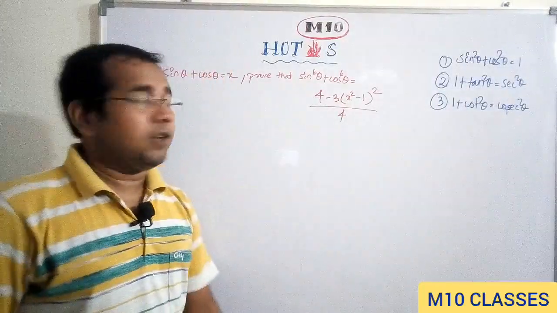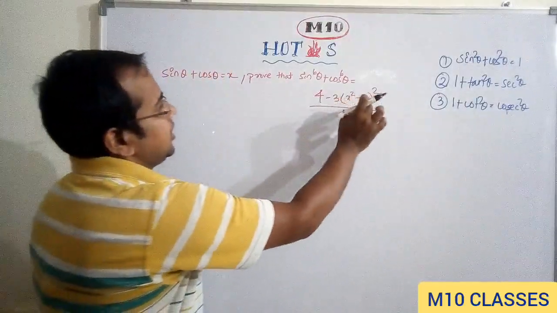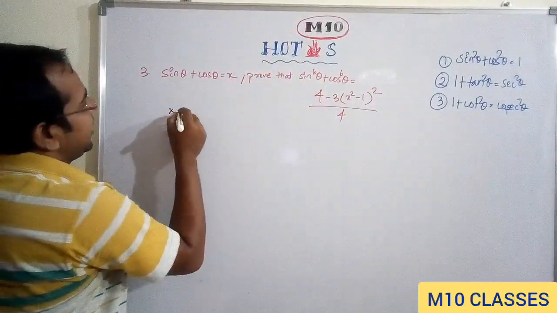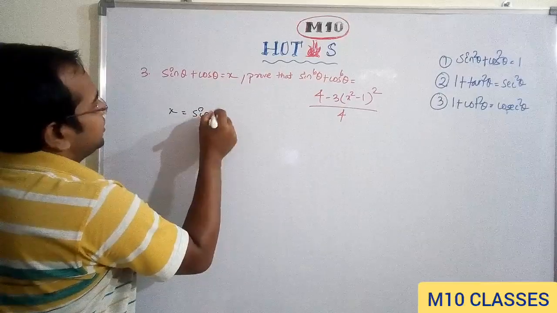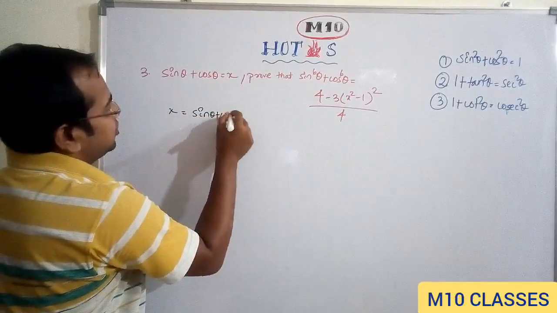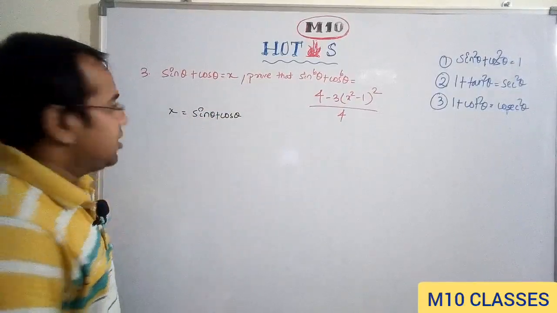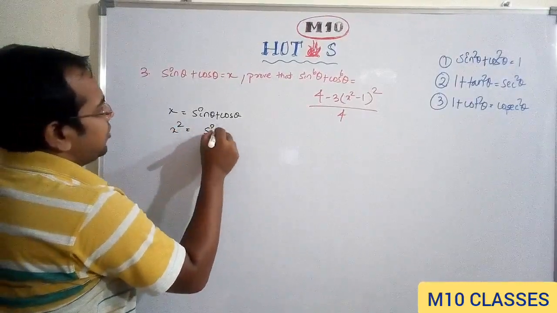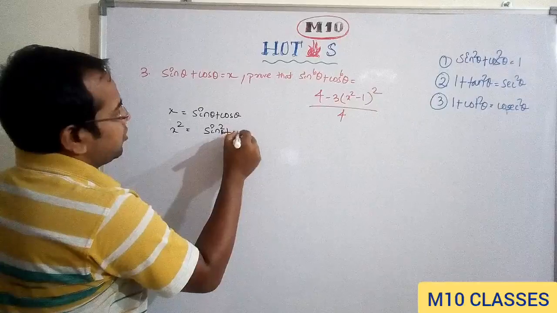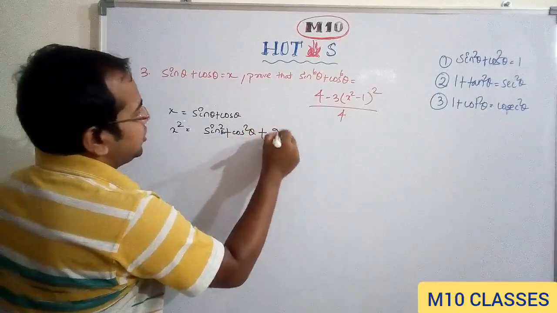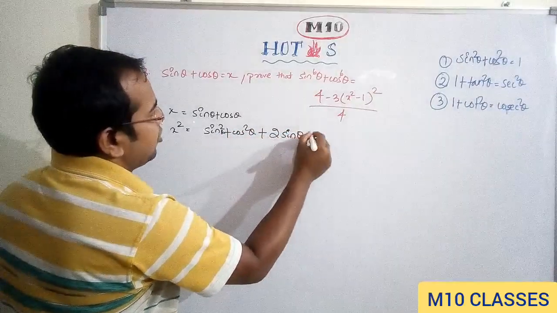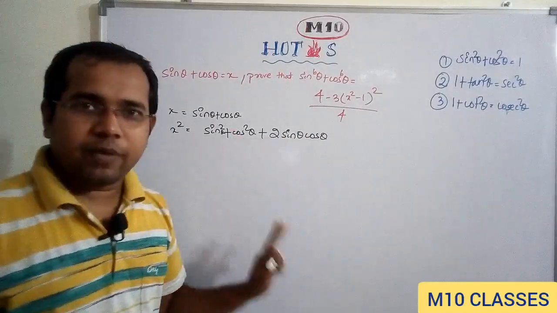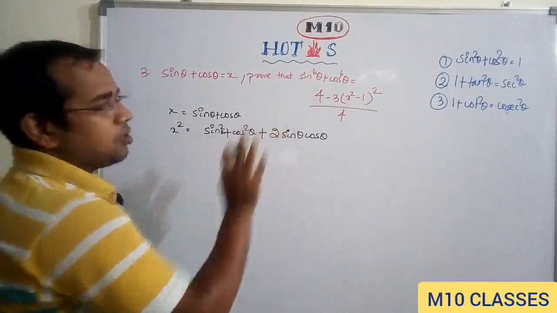See here, we need to get x square. You have x equals sin theta plus cos theta. Now what is x square? It is sin square theta plus cos square theta plus 2 sin theta cos theta. See here, a square plus b square plus 2ab. Now this sin square theta plus cos square theta equals 1. So what are you getting?